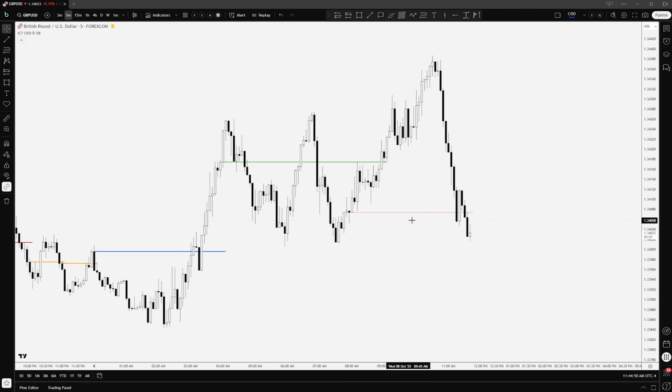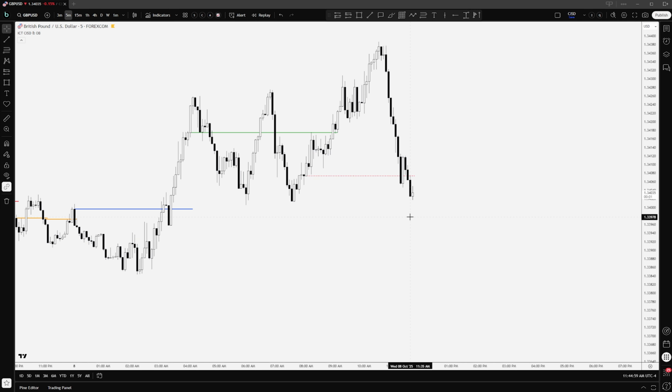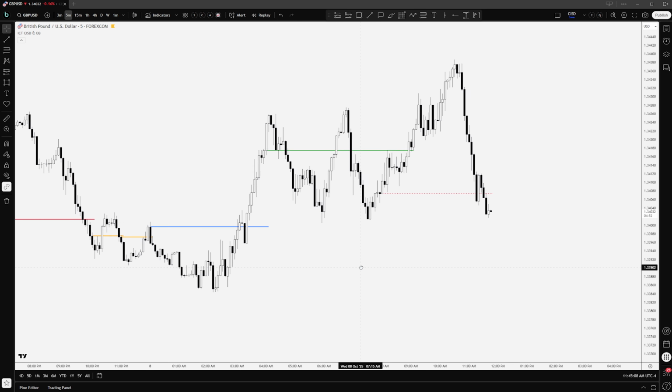And you get this dotted line showing you that, until you close below this, it is going to turn into a solid red line, confirming this. Unfortunately, we still have 15 minutes. I won't just wait for 15 minutes to show you that closure.